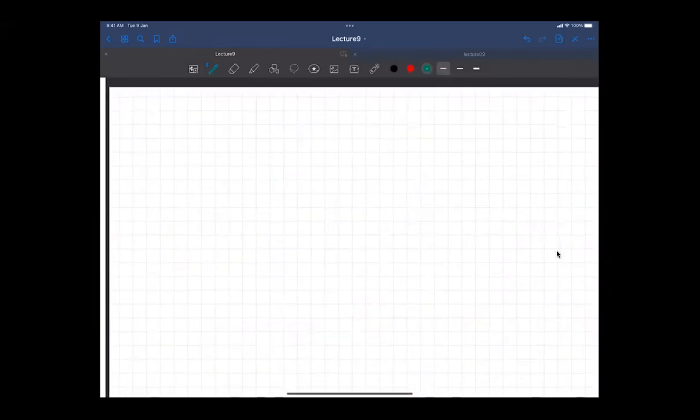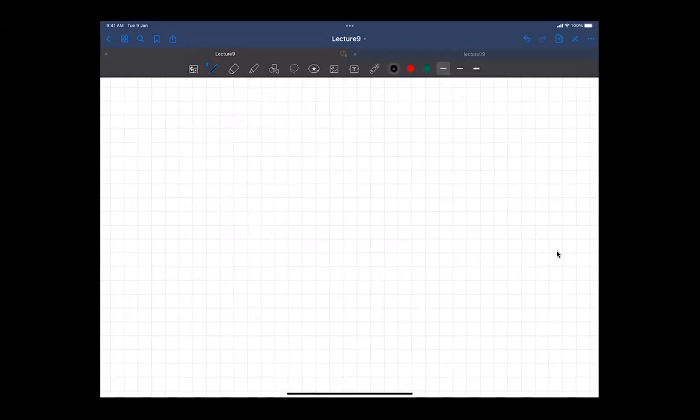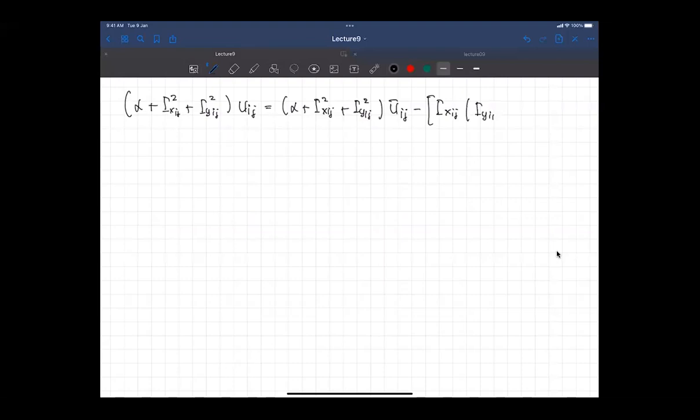But at the end of the day, if you do the derivation, then you will have alpha plus Ixij squared plus Iyij squared multiplied by uij equals alpha plus Ixij squared plus Iyij squared multiplied by u average ij minus Ixij multiplied by Iyij vij plus Ixij u average ij plus Itij.